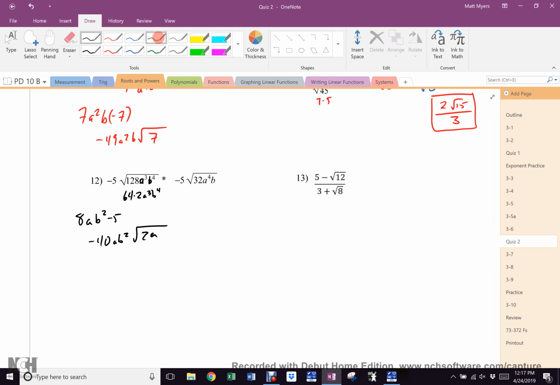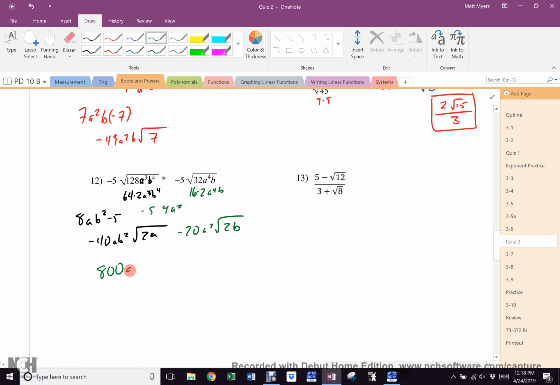2A. Good luck. This is 16 times 2, A4 B. What can come out of there? 4 and A squared. Plus a negative 5 there makes negative 20 A squared root 2B. Negative 40 times negative 20 is positive 800.